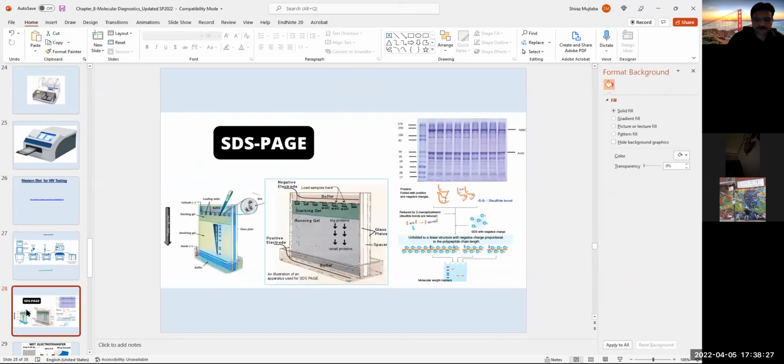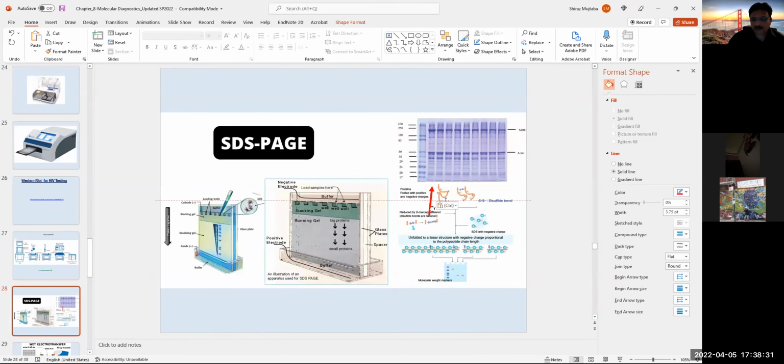And then the protein is separated on the basis of molecular weight, the higher weight on the top, the lower weight at the bottom. And this is the spectrum of SDS-PAGE. SDS-PAGE is a polyacrylamide thin gel. It's very sophisticated. The right proportion of reagents and everything is very important.